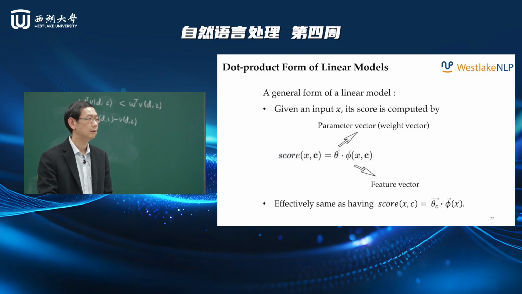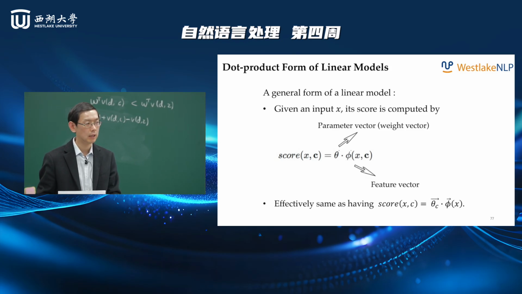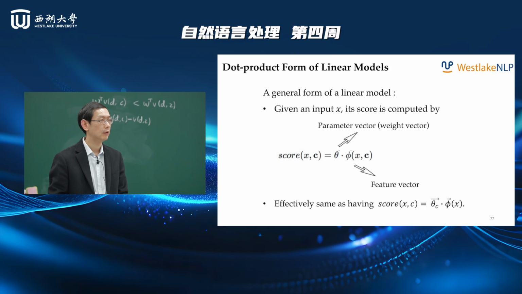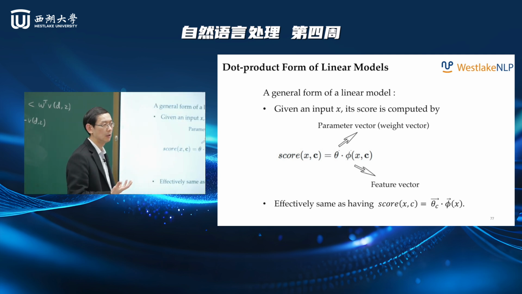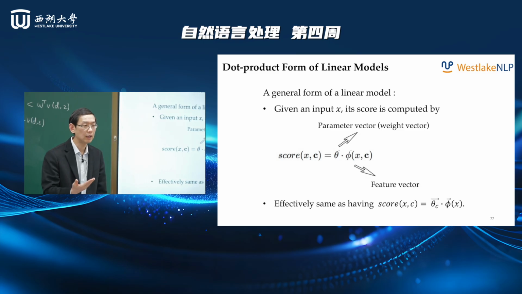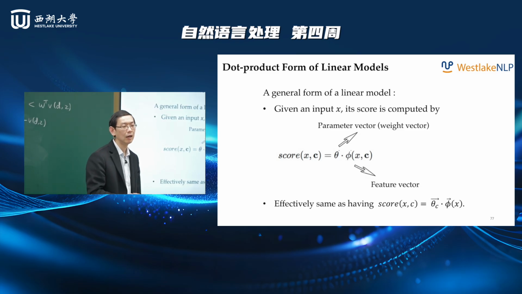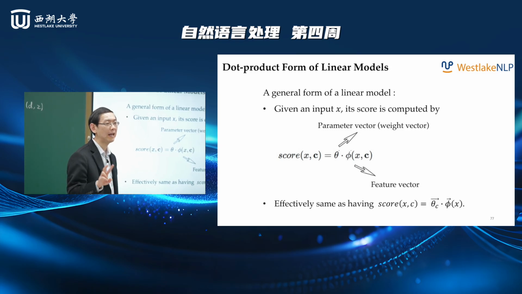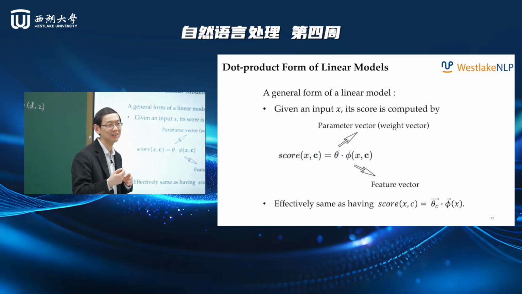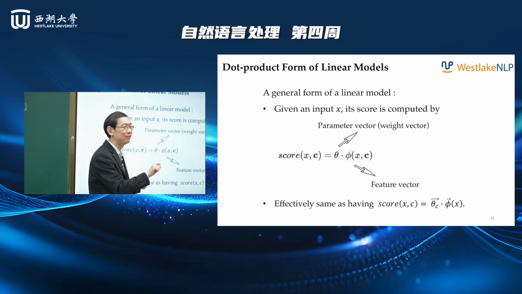So I introduced the story to you so far, and we arrived at what I discussed earlier. That's a linear model. So features are very important to linear models. If you look at NLP papers in the 1990s and 2000s, a lot of papers are about feature engineering. What is feature engineering? You just tweak the feature templates.